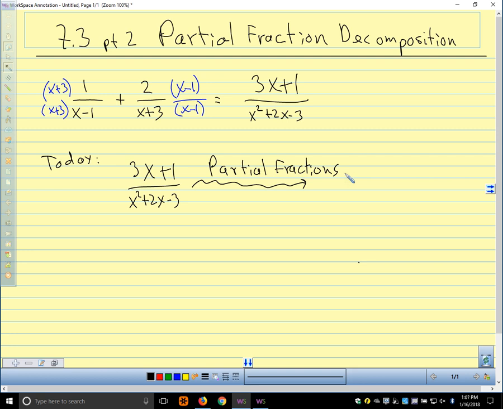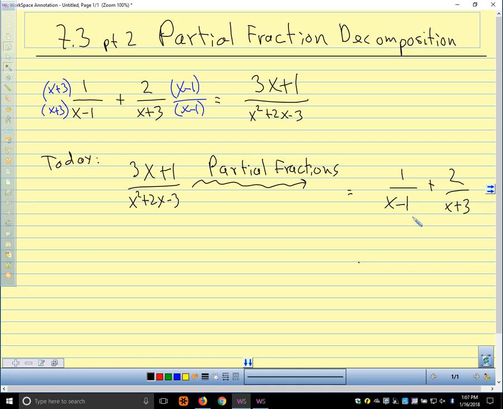So we're going to go the other direction and get to 1 over x minus 1 plus 2 over x plus 3. So we want to go the other direction.